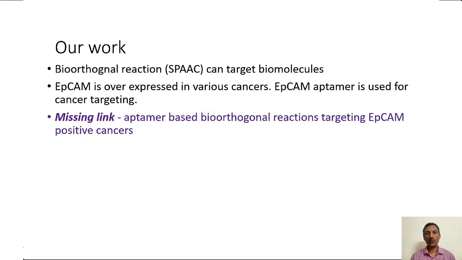Although these two things are known, the missing link is that aptamer based bioorthogonal reactions targeting EPCAM positive cancers are not known. And of course, we were one of the first groups to identify this kind of aptamer based bioorthogonal reaction. Although bioorthogonal reactions are known in the protein field and other areas, in the aptamer area it was not highly known.